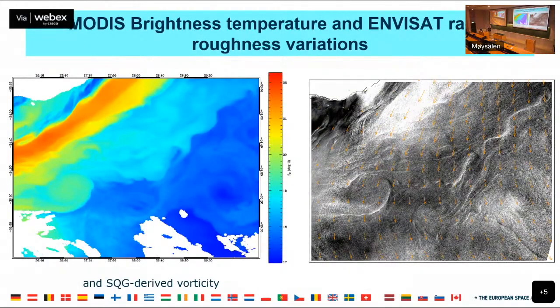Then we have that in place. Then we can look at the brightness temperature from MODIS on the left and overlay or compare it to the surface roughness from Envisat. The vector in the Envisat image is a wind field product. But here you see immediately a couple of things that our eye catches and where there is commonality.